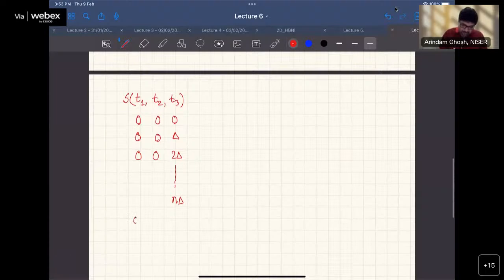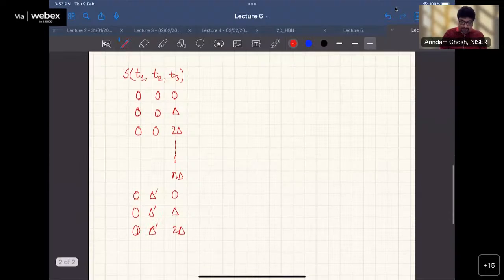Then you come back, make it 0, and this you make delta prime, a little different, and again it starts from 0. So then 0, delta, and 0, then 2 delta, and 0.